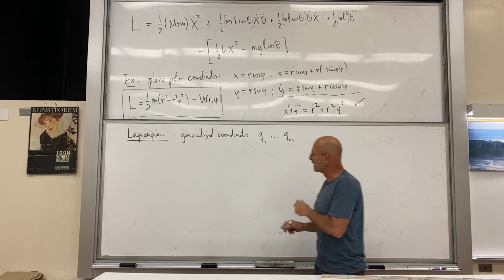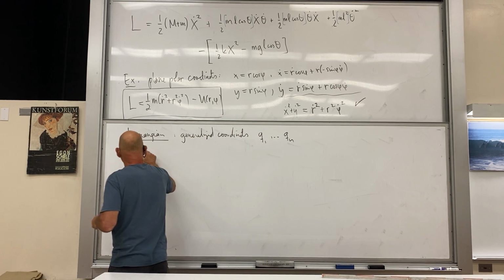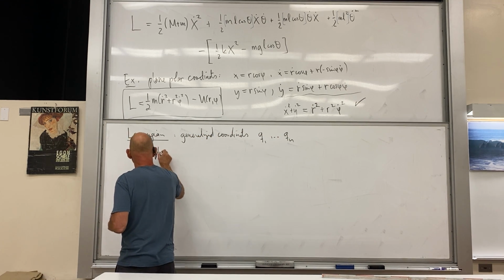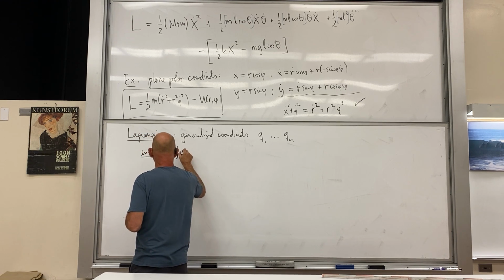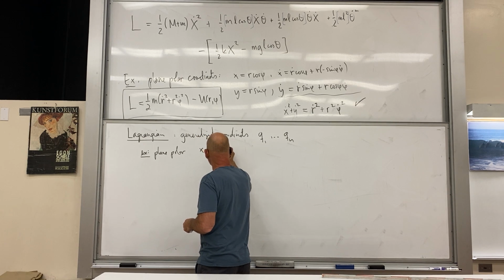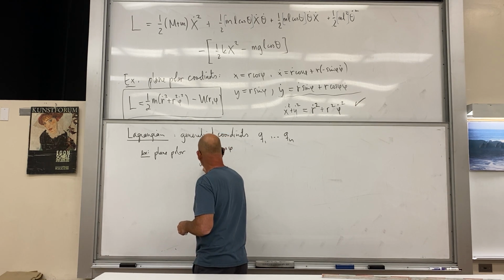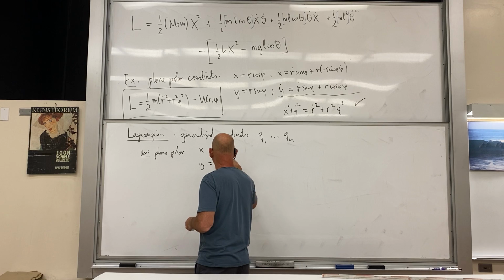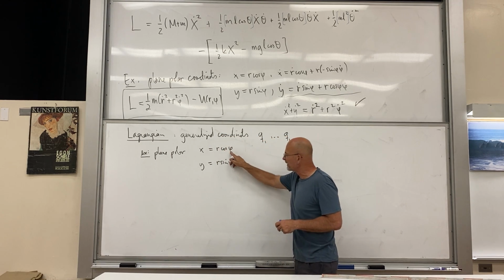Now the example with plane polar coordinates, you know, we have x equals r cos phi, and our q's are this r and this phi.